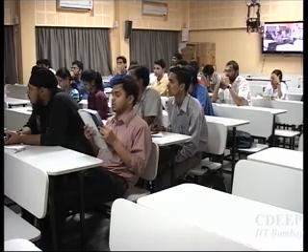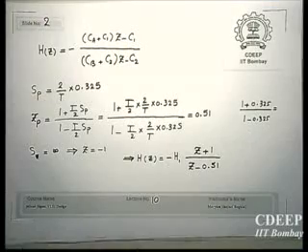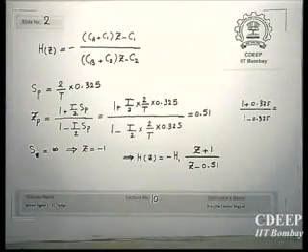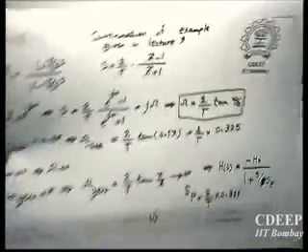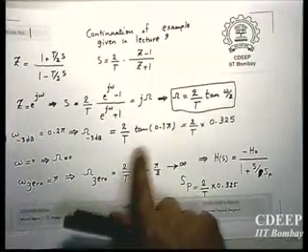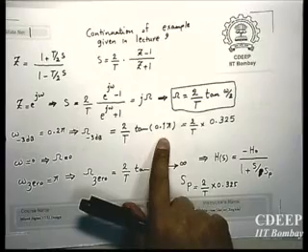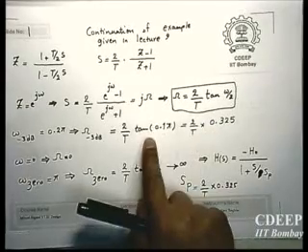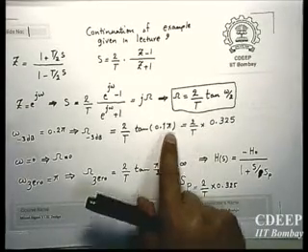SP is 0.325, right? Because capital omega is tan of small omega by 2. It's 2 by T tan, so it will be 2 by T times this value. We can calculate tan 0.1 pi. Yesterday we calculated, right?